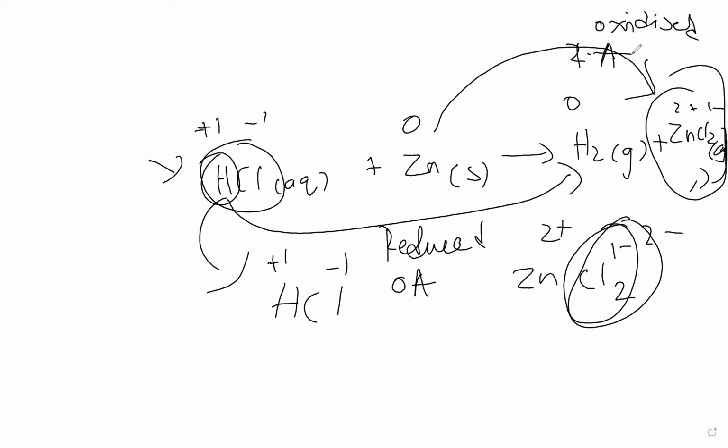Before I end this video, I want to mention one more thing. Oxidation isn't just caused by the change in oxidation states or charges. It's also caused by the loss or gain of electrons.